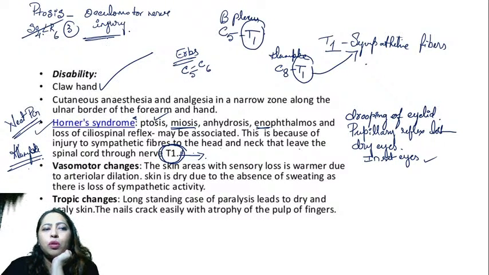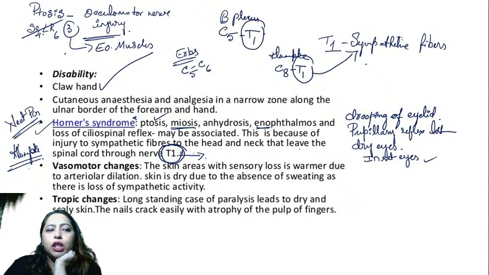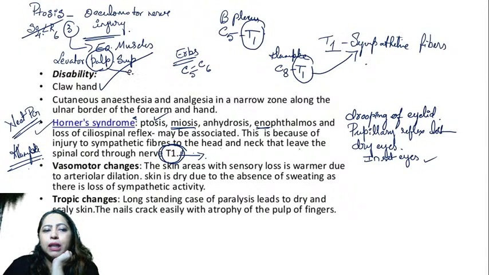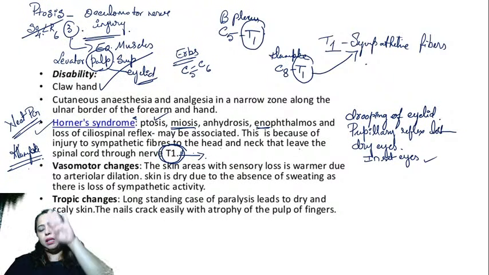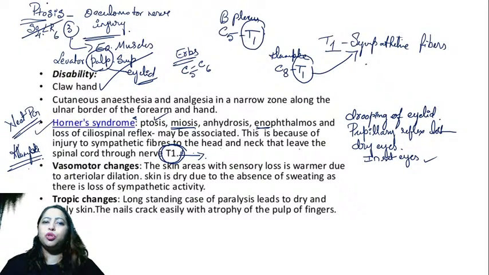All other extraocular muscles are supplied by the third one, that is oculomotor, which includes levator palpebrae superioris. Remember the palpebrae, that is for eyelid. So when this nerve is injured, the eyelid doesn't stay open and it just falls down as if you have closed your eyes. That is called ptosis.